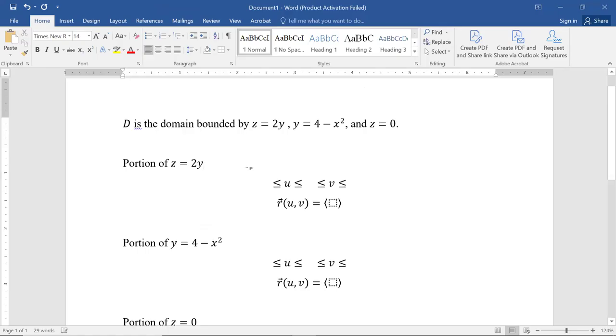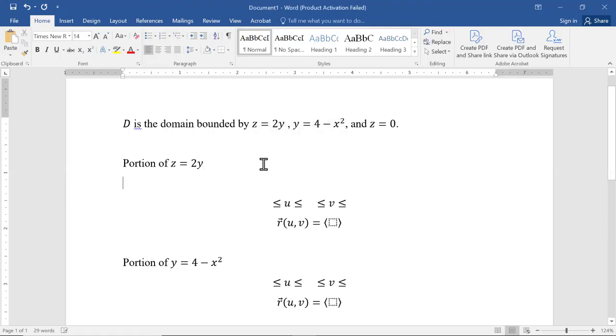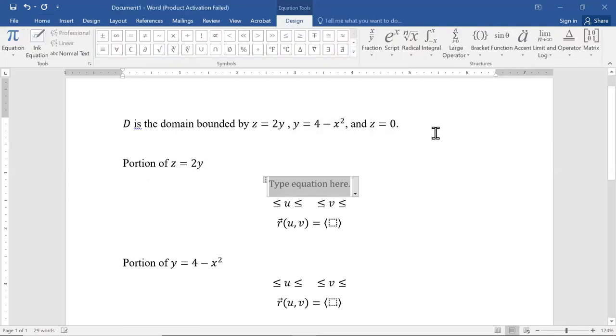So if I'm looking at the portion of z equals 2y, well, I want you to notice that the y values on this are going to go from 0 up to 4 minus x squared. So the y value goes from 0 up to 4 minus x squared.